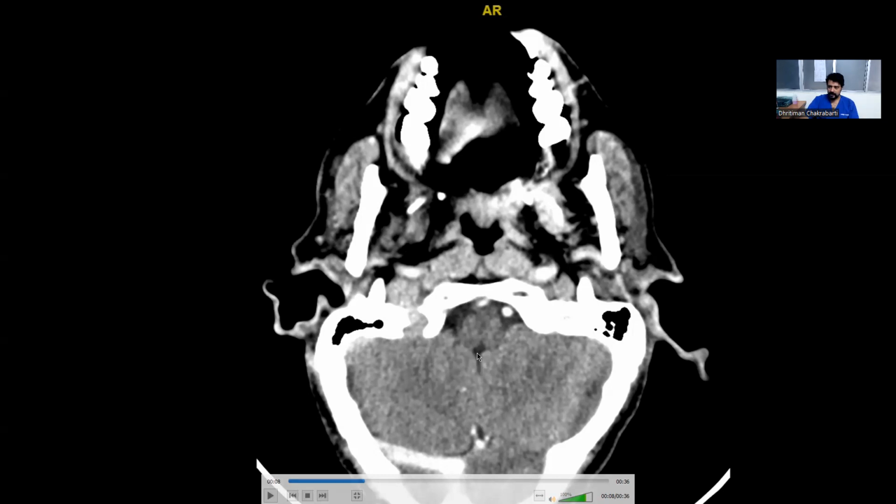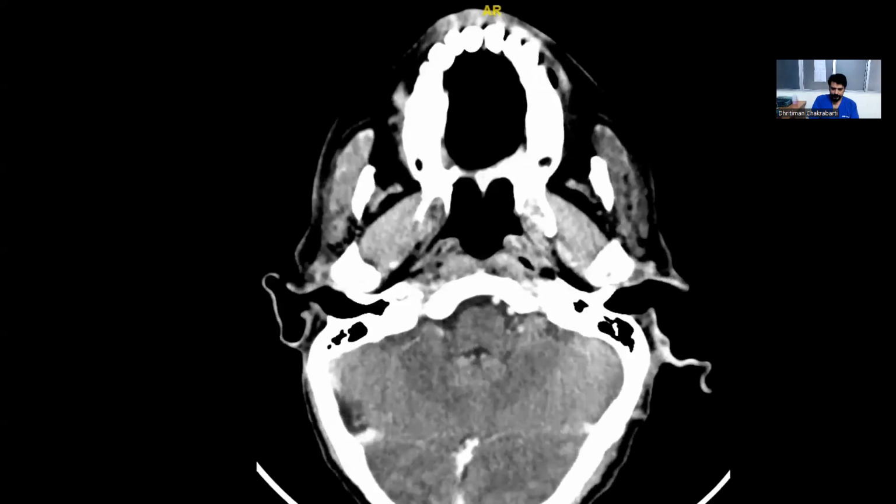That is basically your fourth ventricle, because the bed of the fourth ventricle is on the pons, and it forms a tent-like structure going into the cerebellum. If you look at it from the sagittal view it is a tent, and in the axial view, it will appear as a squarish or roundish shape.